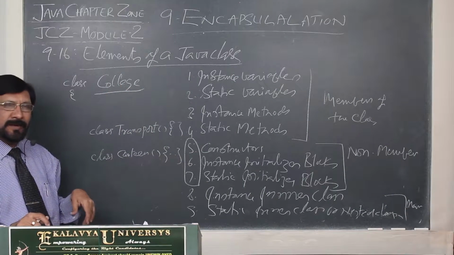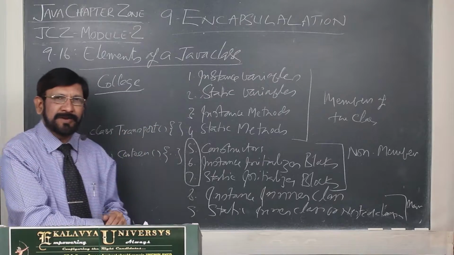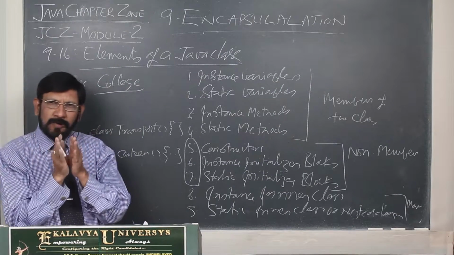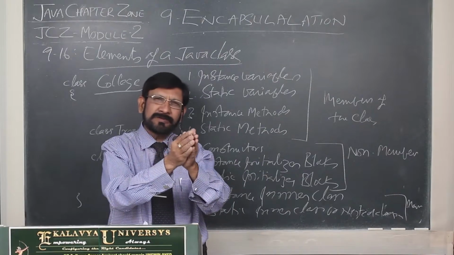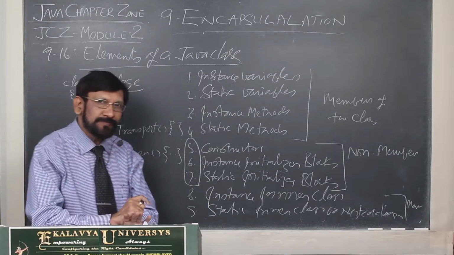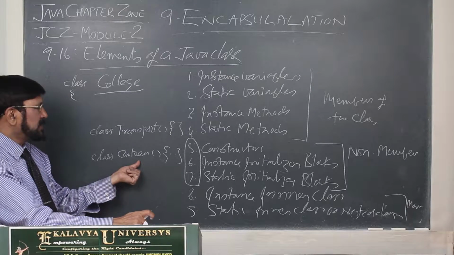In the same manner, in every college, a common canteen is maintained. That is a different activity. There is no relation between college activities and canteen activity, but the canteen should be there to provide food. So another class you can define here.